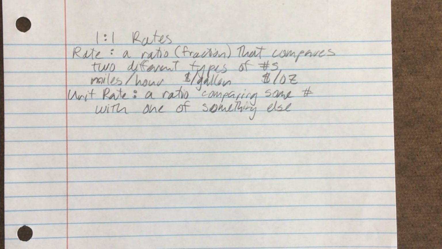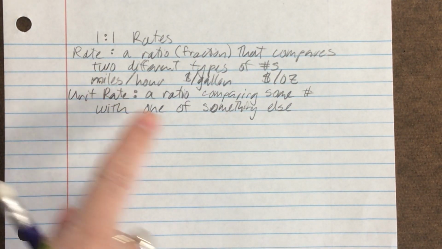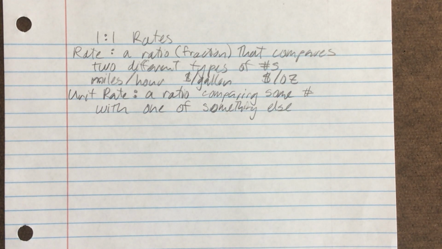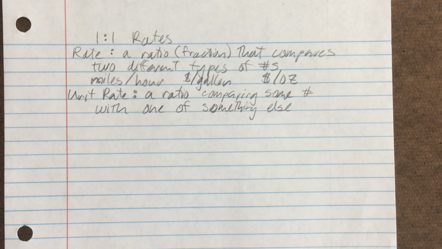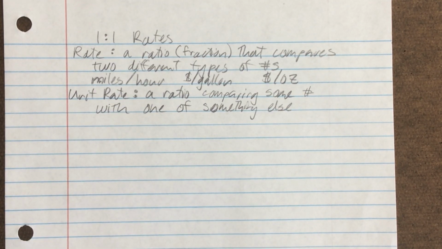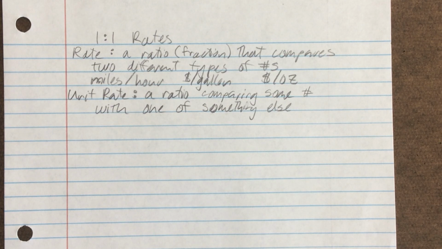Okay, so again, a unit rate is a ratio comparing some number with one of something else. And that's really our most useful information. Really what this means is we want to basically do the division of the fraction. We usually want to turn the bottom number into 1.